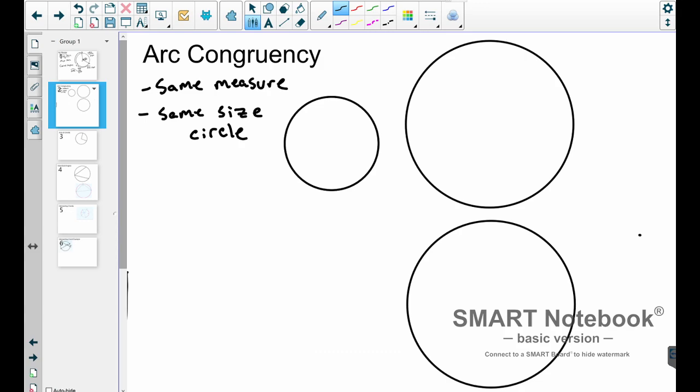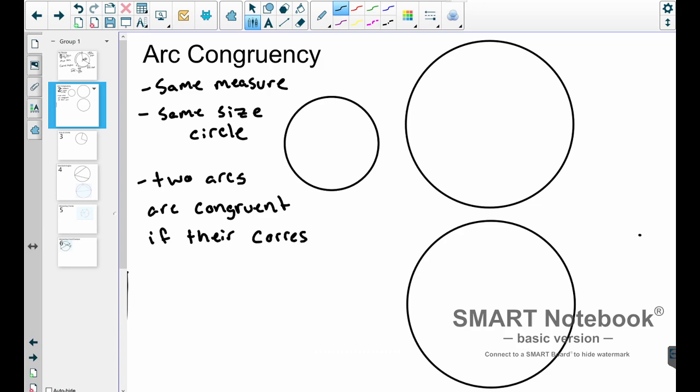We can say two arcs are congruent if their corresponding chords are congruent.